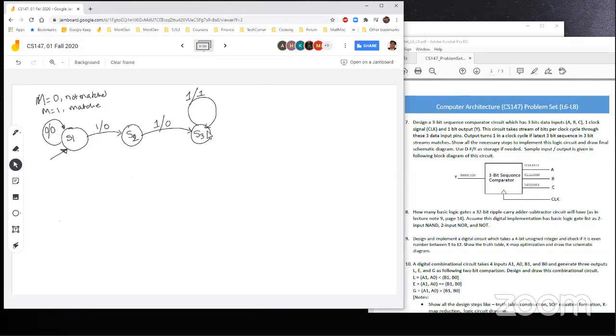Now, if it is unmatched from this state, of course, I reset myself. If it's not matched, then I need to start again. Even from S2, if I get a not match, I start from the not matched state again, and state 1 is not matched. This should function as my matching 3-bit sequence comparator recognition.